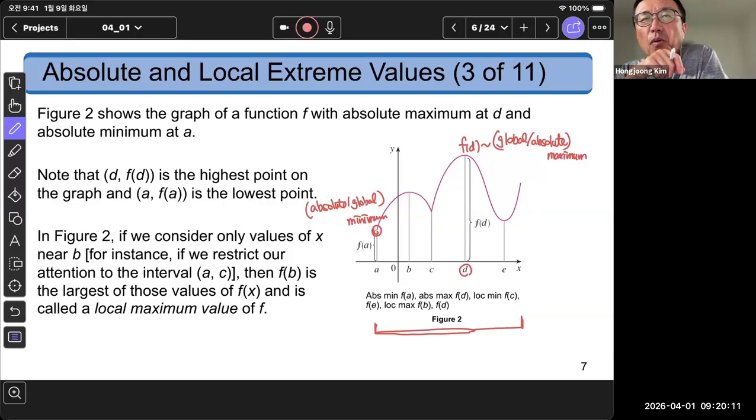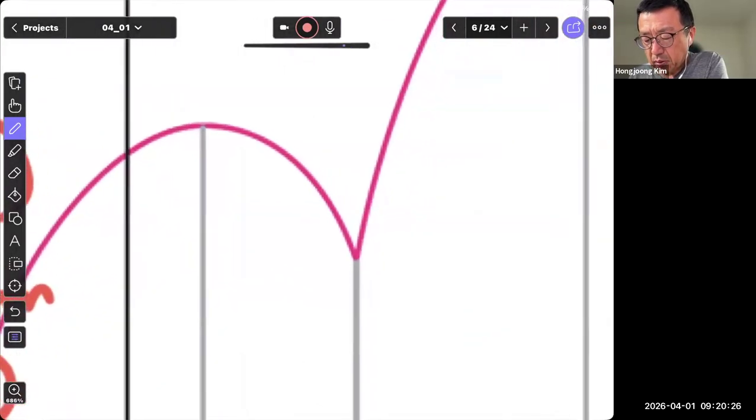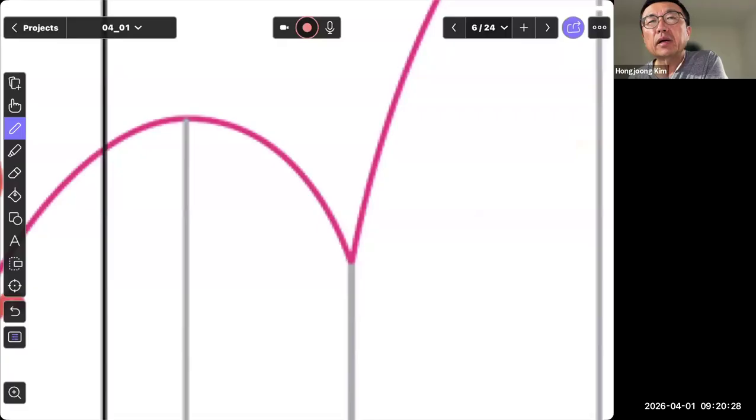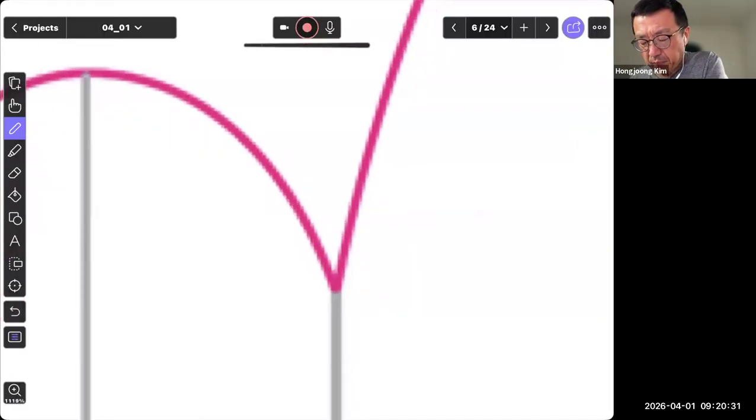Now, in case of point C, f of c is not the minimum value. I mean, f of c is not the absolute minimum. But if I zoom in, in this figure, this point is the smallest value if I just look at the portion of the graph given in this slide.